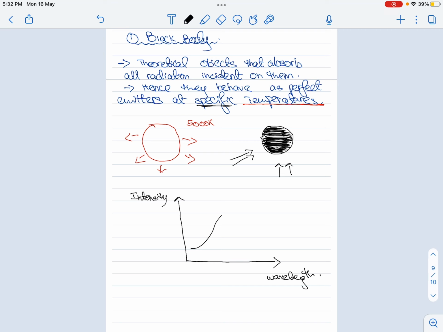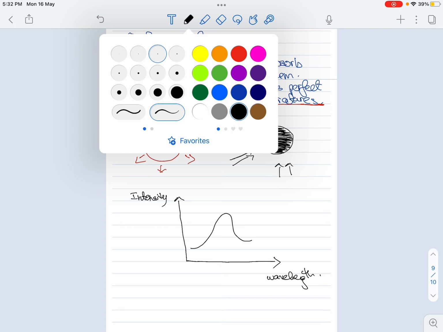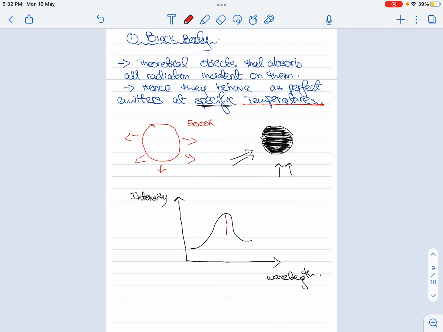If you're a biology student, you're probably familiar with an enzyme denaturation curve, and this is very similar to that. So this peak I'm marking is the wavelength emitted at maximum intensity, and this is also the spot where the surface temperature of the star is the highest. For example, this is 6000 Kelvin, this could be 4000 Kelvin, these are just examples, this could be 3000 Kelvin.